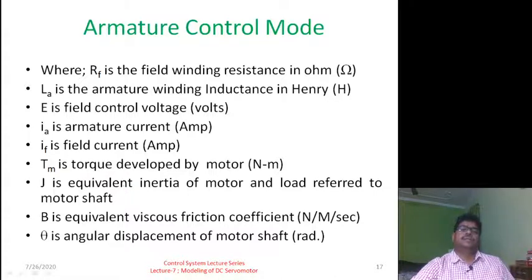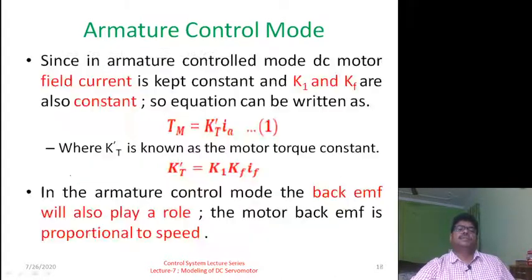So these are the usual notations that I have discussed. So developed torque Tm will be equal to Kt dash into Ia, where Kt dash equal to K1 Kf into If.